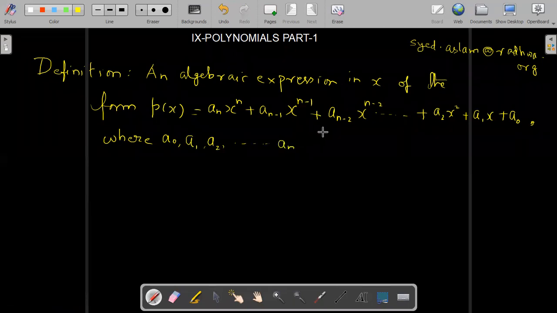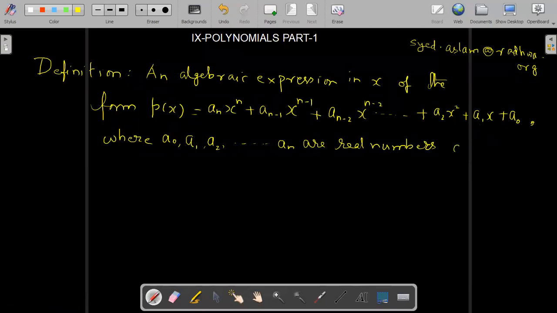All these coefficients are real numbers. Real numbers we studied already. Real numbers means it can be rational, it can be irrational. It can be in the root or it cannot be in the root, any fraction.